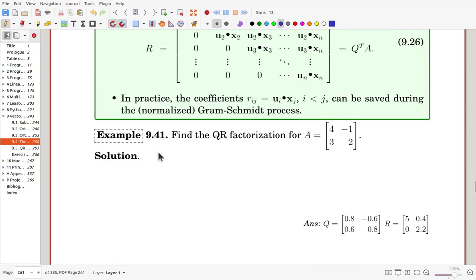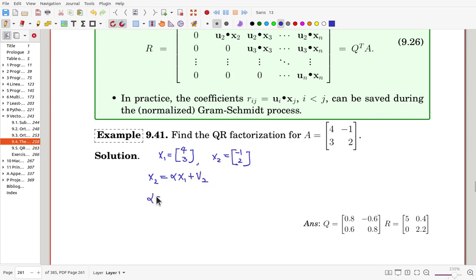Now, x1 is (4, 3), and x2, the second column, is (-1, 2). We'll try to project x2 onto the space of x1. So there's alpha x1 plus v2, right?